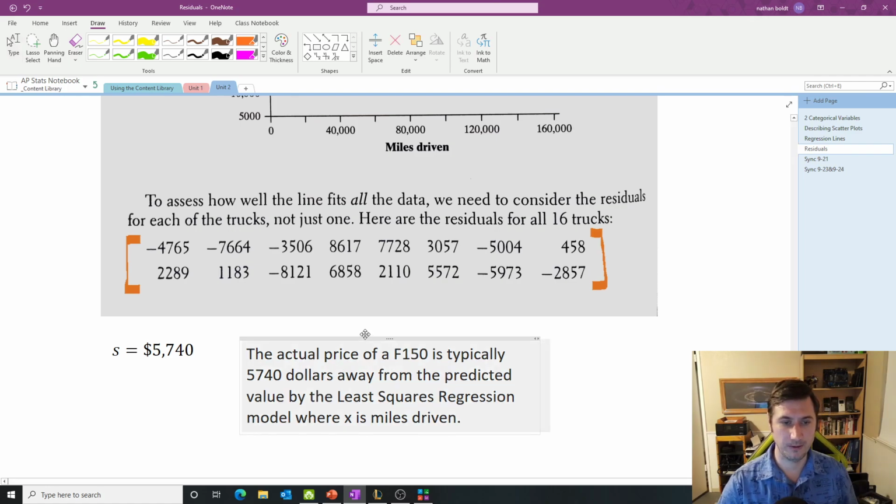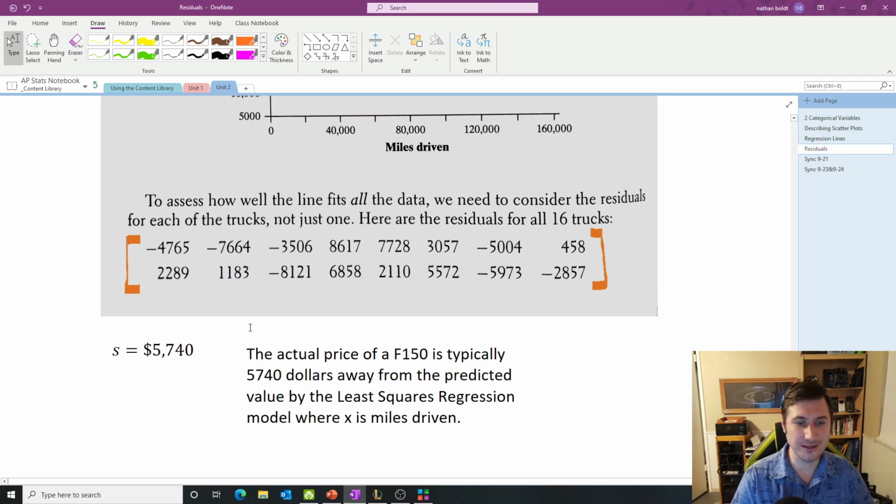All right. Hopefully a lot of that sentence sounds familiar. I did write the word dollars here on purpose just to emphasize that standard deviation does have units. So it does have dollars right here. So the actual price of a Ford F-150 is typically $5,740 away from the predicted value by the least squares regression model.